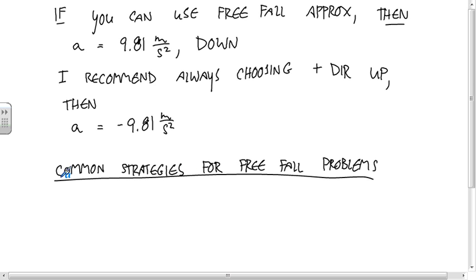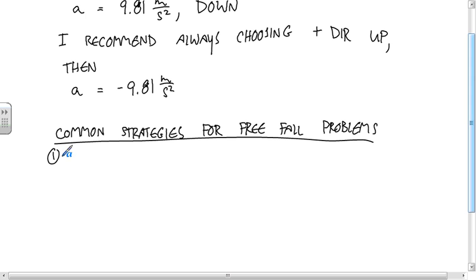The first one, this is an important one to remember, is if an object is launched up into the air, you know that it's going to go up, slow down, eventually it'll reach a highest point and then come back down.